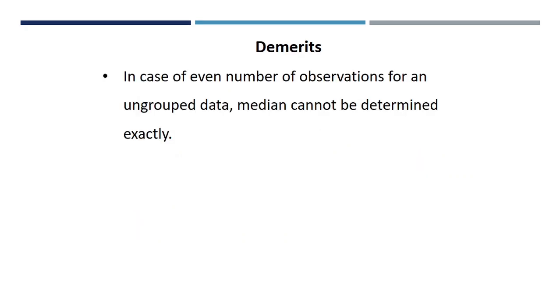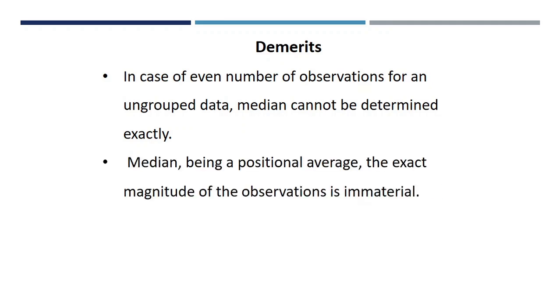Now the demerits. In case of an even number of observations for ungrouped data, median cannot be determined exactly. We need to calculate the arithmetic mean of the two middle elements. Being a positional average, the exact magnitude of the observations is immaterial.